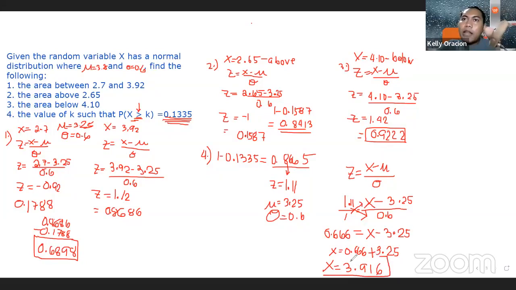Again, exact dapat ang gamiton. That means the value of k is 3.916. Dapat exact value siya. That's the process. Okay?